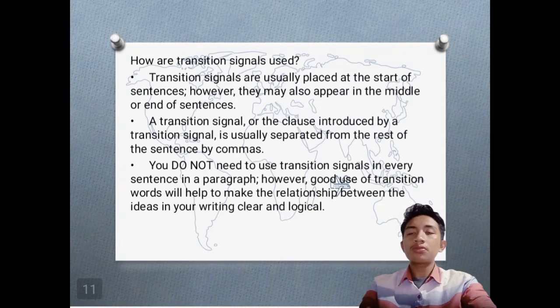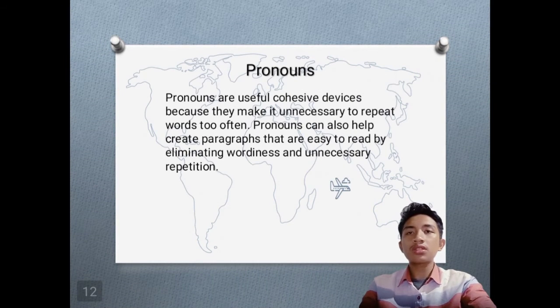So the third is pronouns. Pronouns are a useful cohesive device because they make it unnecessary to repeat words too often. Pronouns can also help create paragraphs that are easy to read by eliminating wordiness and unnecessary repetition.